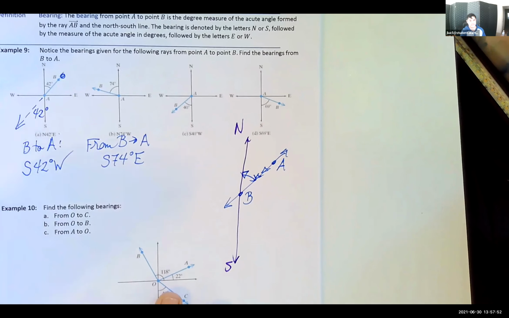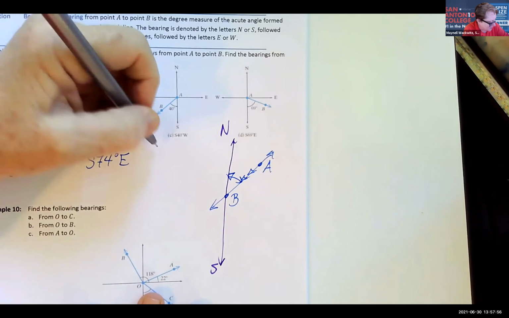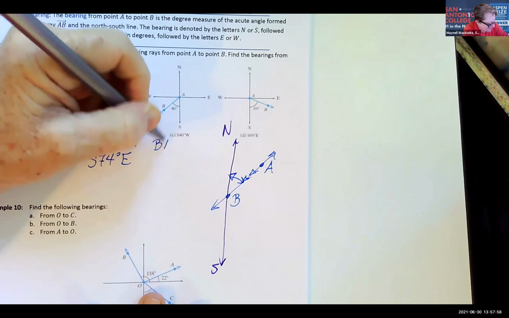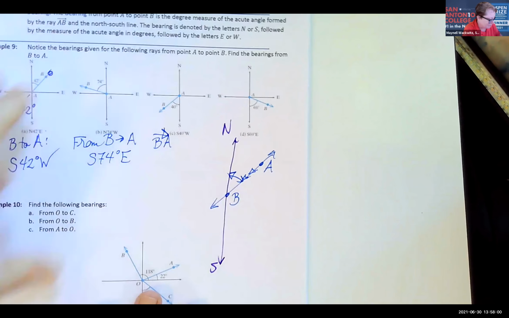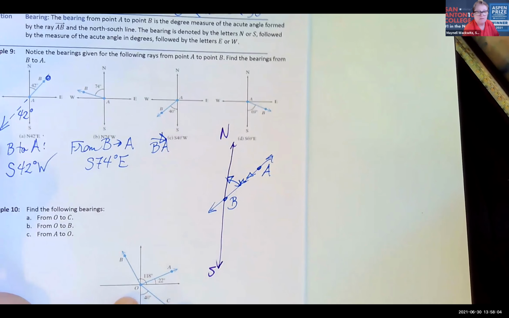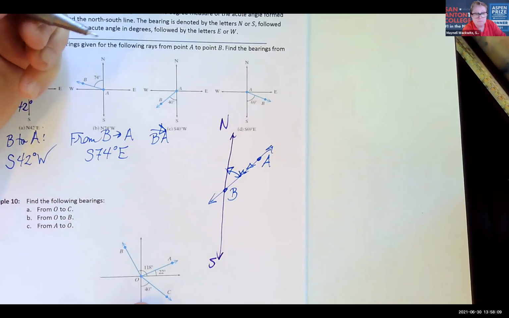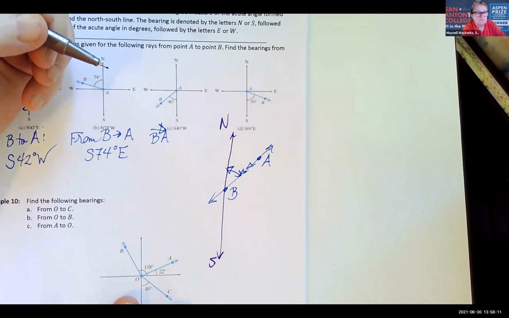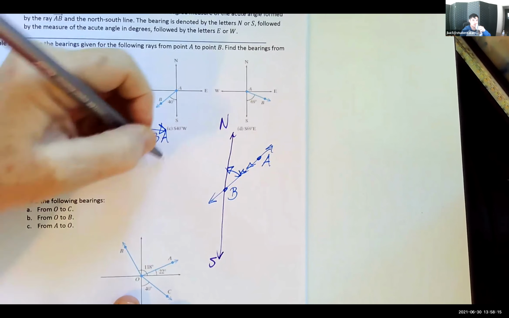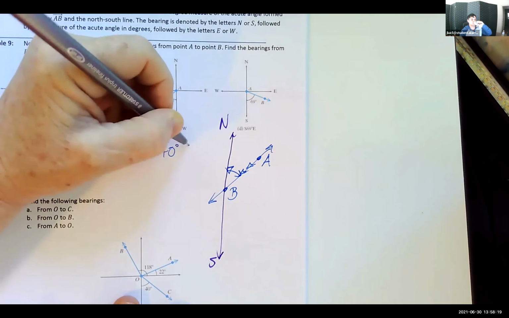And what about in the third one? We're going B to A. We know that A to B is south 40 degrees west. So B to A will be north 40 degrees east. Excellent.